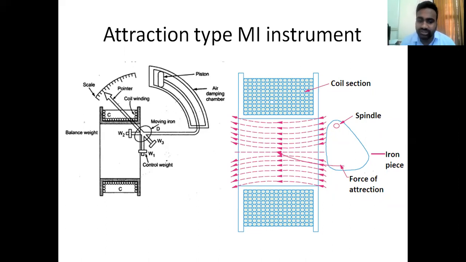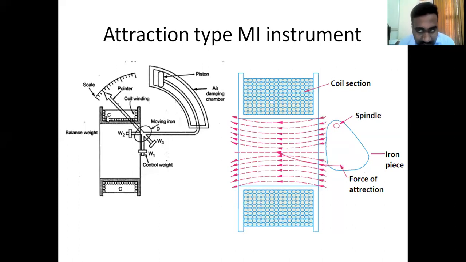Let us see how this happens, using the construction we discussed in class. The entire attraction type MI instrument has two coils. This is one coil. This is the aluminum former, the dark gray segment. On that aluminum former, we place the coil.